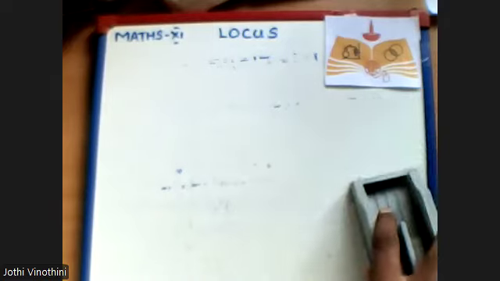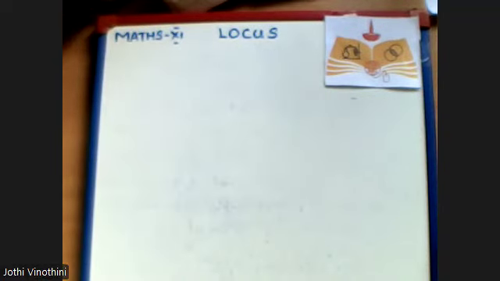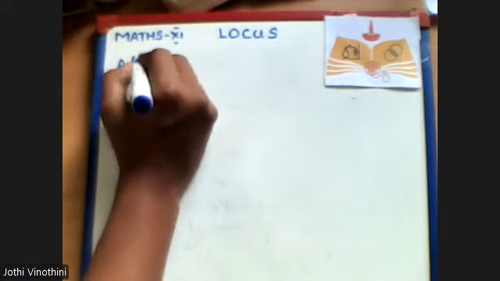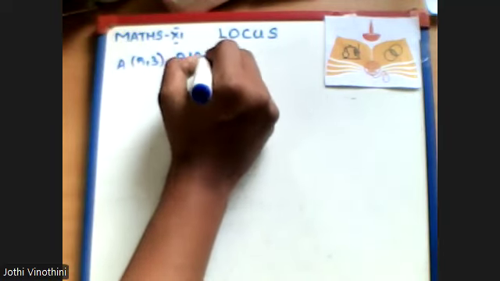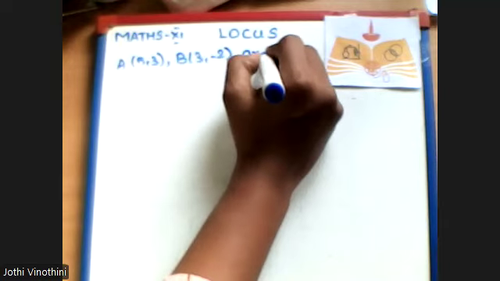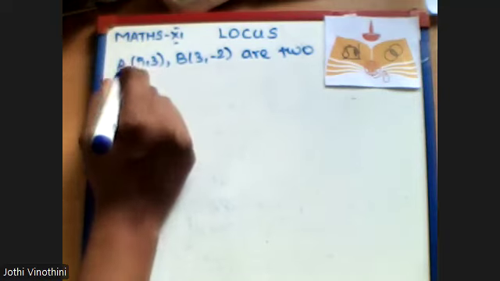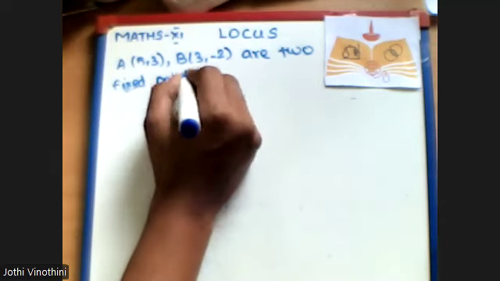Now I am going to give another sum, which will be in this pattern only, so we can both solve at the same time. A will be (5, 3) and B will be (3, -2), two fixed points.